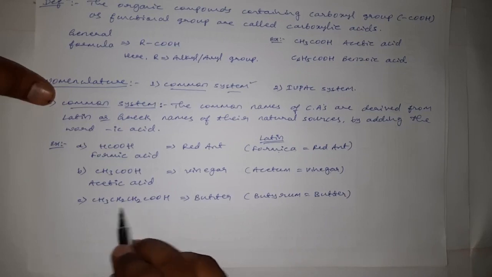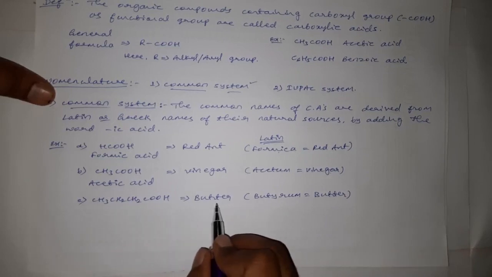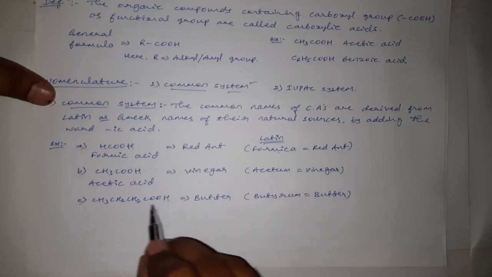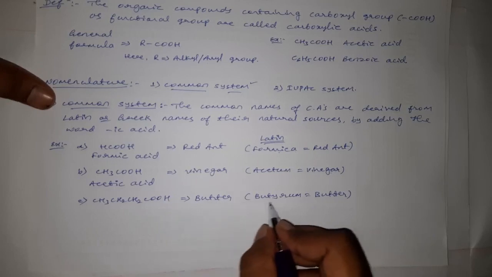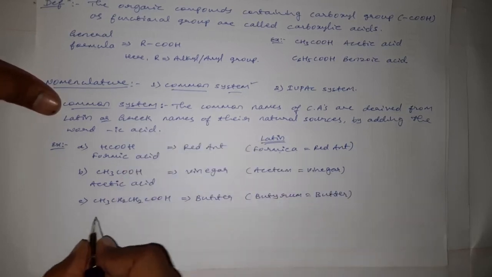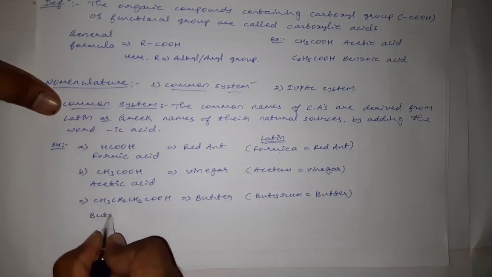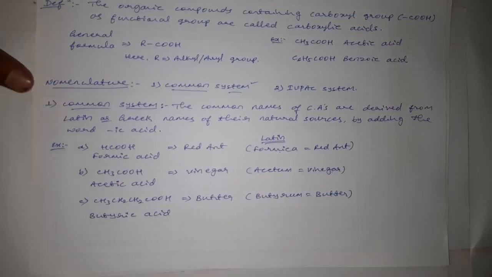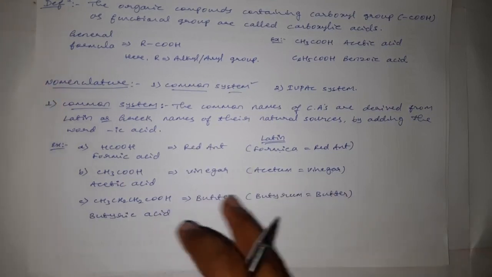Therefore, the compound with this formula, which is having a natural source of butter, and in Latin it is called butyrum, its common name can be given by adding IC acid to this butyrum. Therefore, its common name is butyric acid.